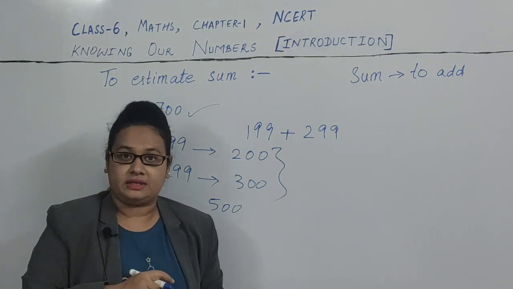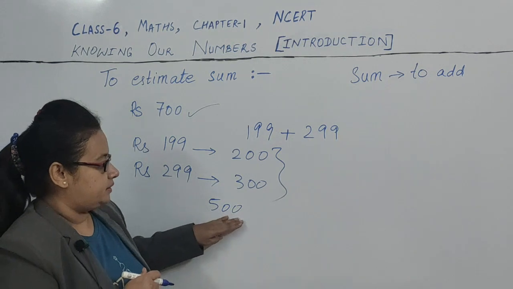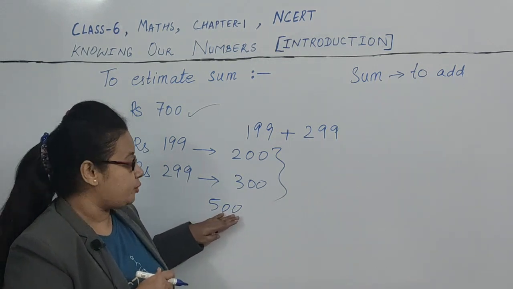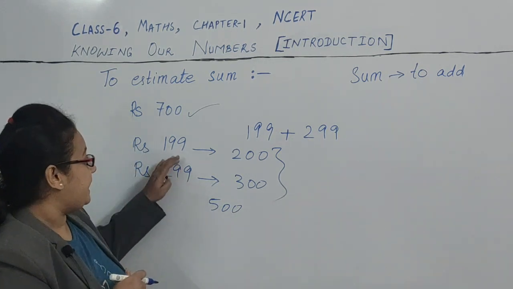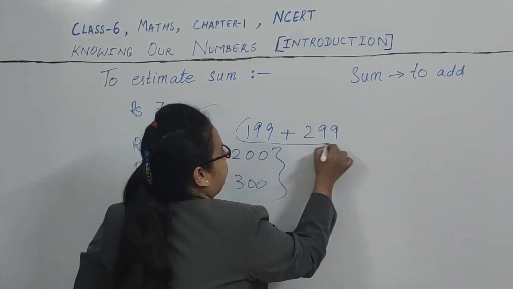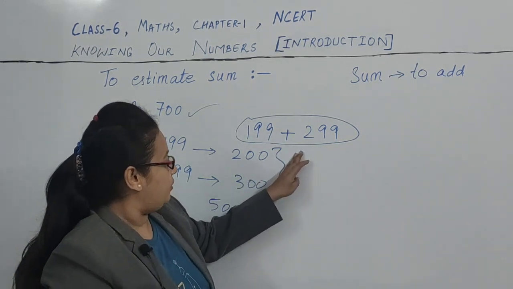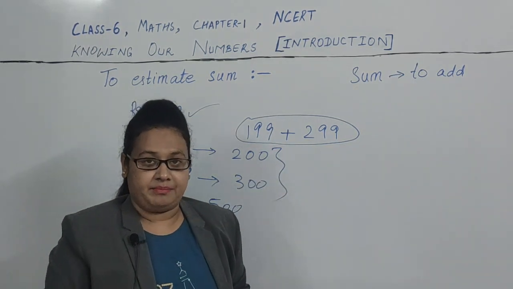So you are happy for that. So how did you get that these two things will cost rupees 500? By estimating the sum. You estimated this sum. The actual sum you did not find, you found the estimated sum.